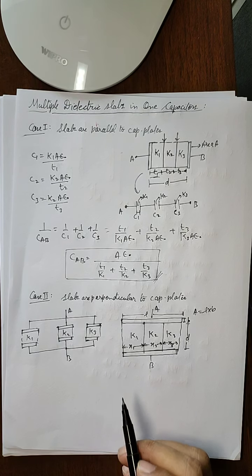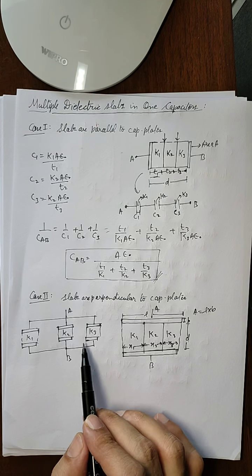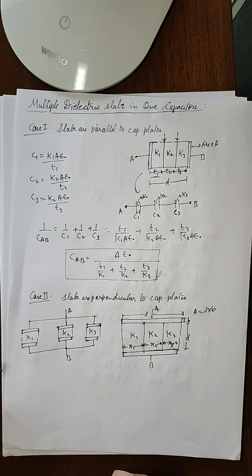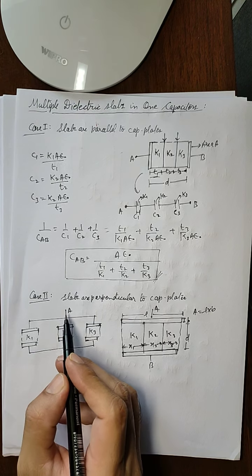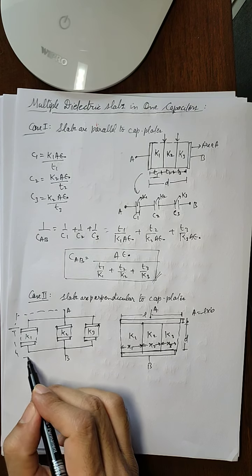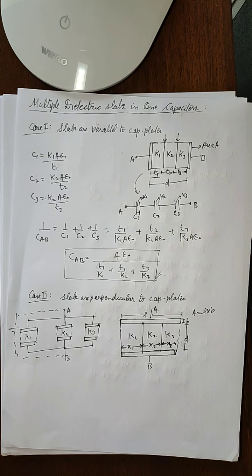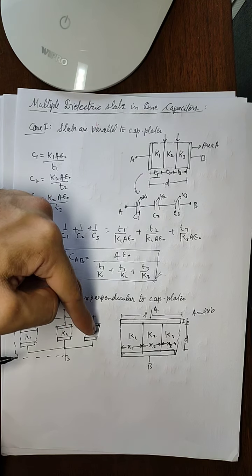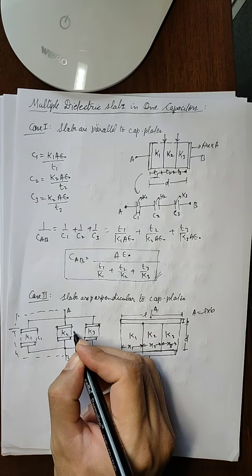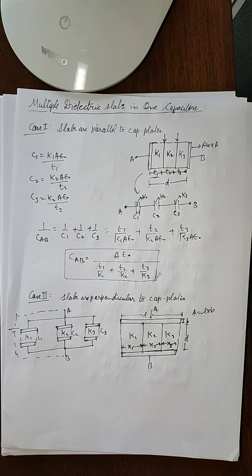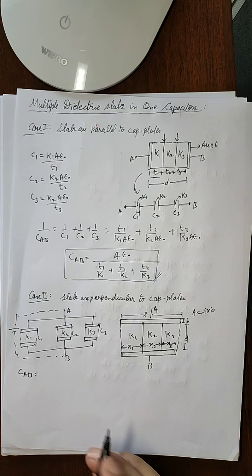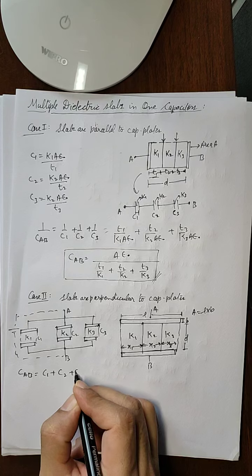If we look carefully, these three capacitors are connected in parallel to each other. If we connect a battery between A and B, the battery will be connected in this way. Looking from this side, the capacitors K3, K2 and K1 will be seen to be in parallel. So let us say these are capacitors C1, C2 and C3, connected in parallel. So the equivalent capacitance C_AB can be written as C1 plus C2 plus C3.